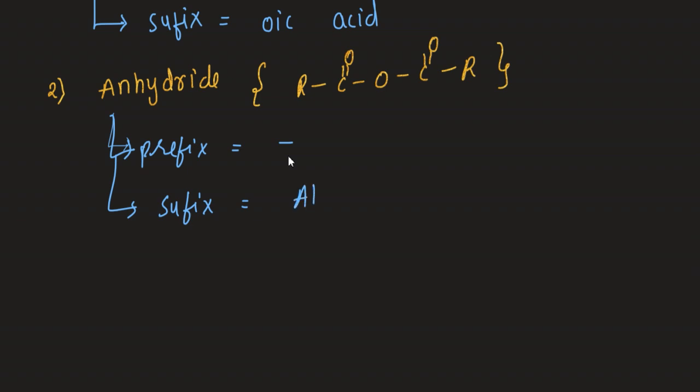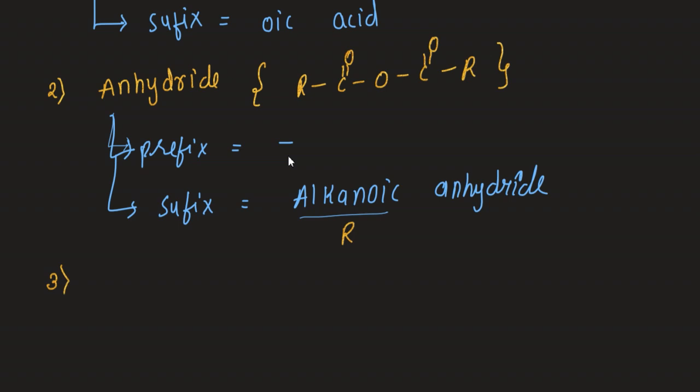Anhydride. That is alkanoic anhydride. Anhydride is the mandatory word. Alkanoic indicates what? R. So if it is ethyl, then you should call it ethanoic anhydride. If the R group is methyl, then methanoic anhydride.